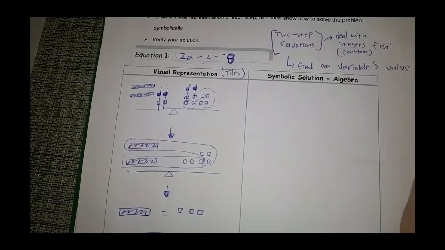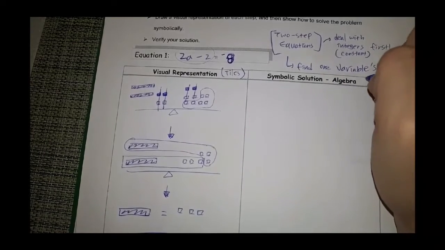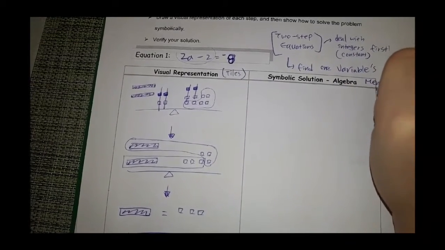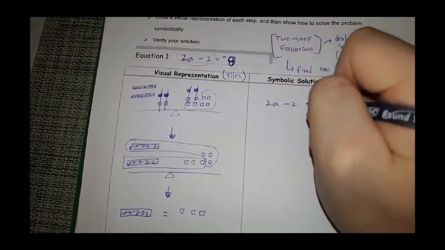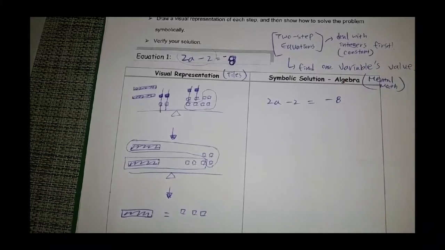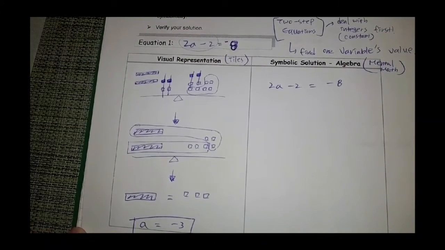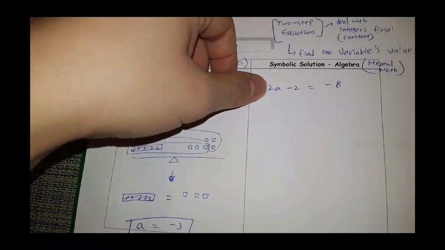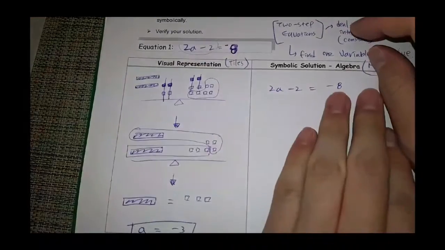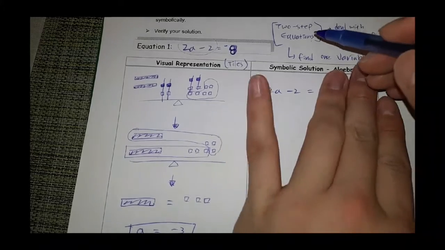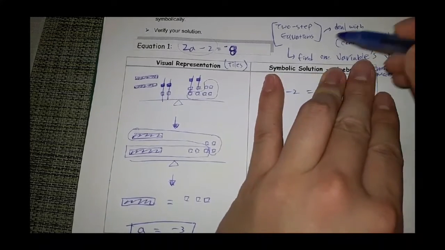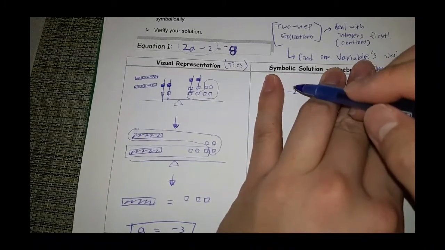What about if we are using the symbolic solution? So that means we're using the mental math situation. Then I like to start by putting our entire equation first. Then I'm going to focus on the side that has the variable, so the left side, which is 2a minus 2, and I'm going to focus on the constant, minus 2.